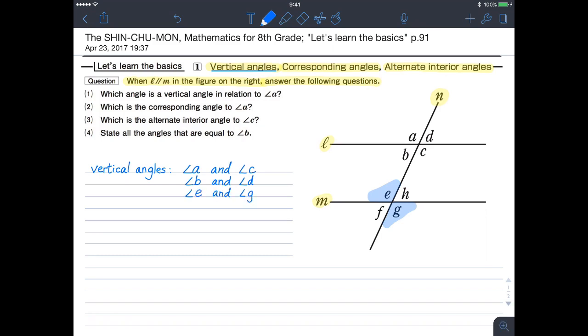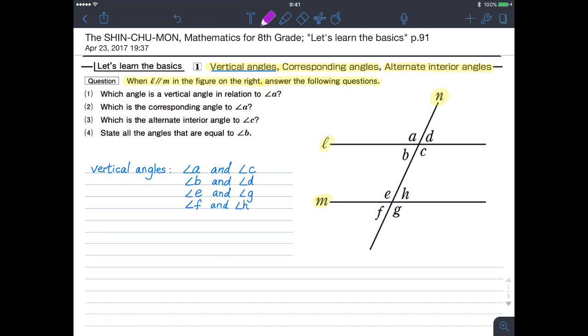And since vertical angles are equal, E and G are equal. And finally, you may notice that angle F is diagonally opposite angle H. Angle F and angle H are vertical angles, and therefore equal.